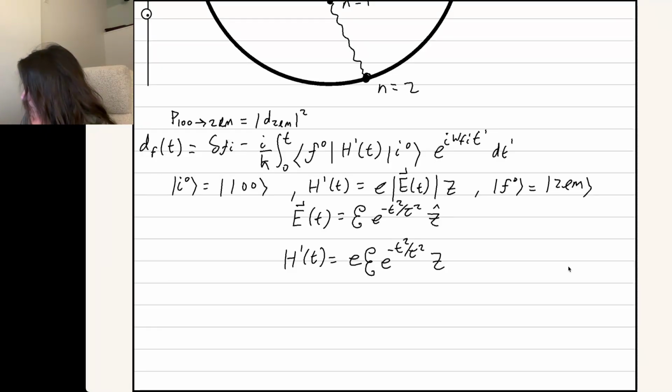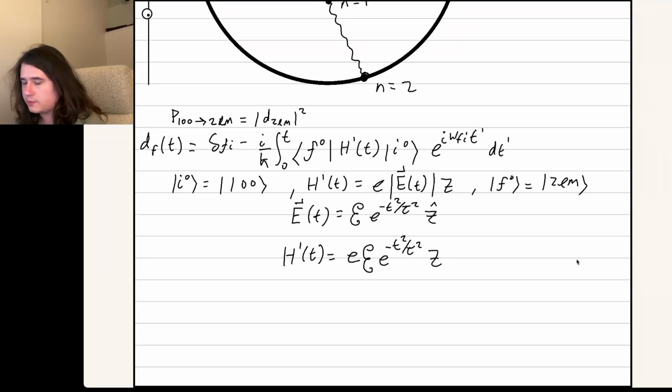Now we can write this big old equation. We can write the d_f of t now. It's going to be d_2LM of t. The Kronecker delta will go to 0, since we're not including the probability that it'll stay the same.